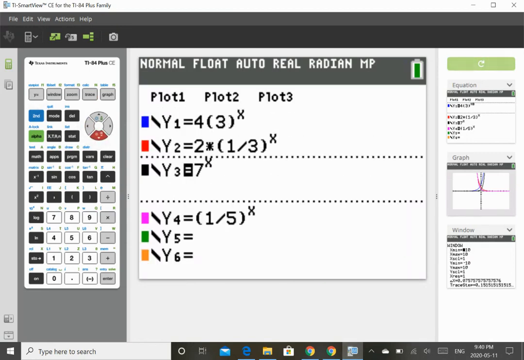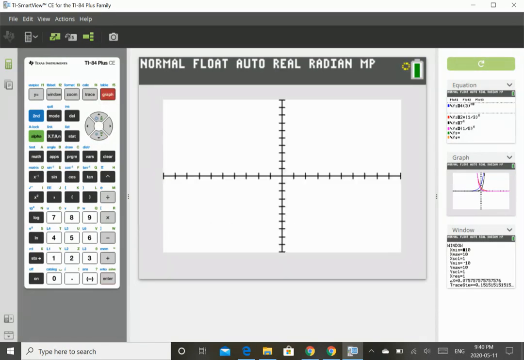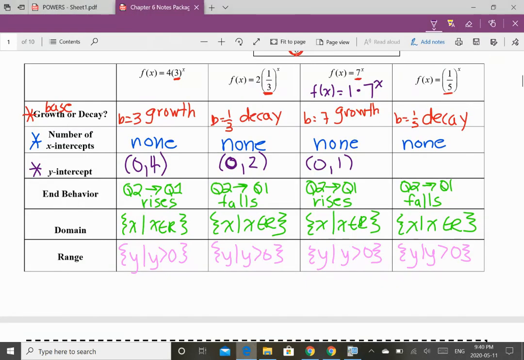Let's have a look at our final function, 1/5 to the power of x. Let's have a look at where its y-intercept is. So put that one on and let's graph it. Exponential decay falls from quadrant 2 to quadrant 1. We'll hit trace, and there is our y-intercept again. And again, it's at 1, which makes sense because with this one, it looks like it doesn't have an a value, but it does.